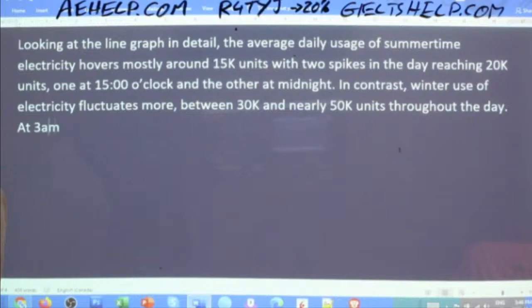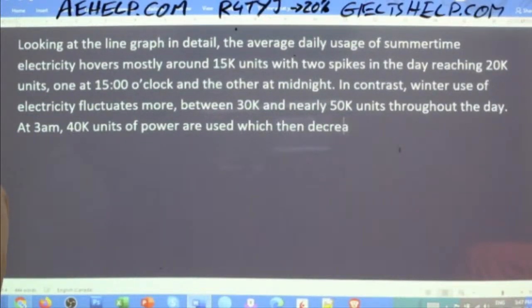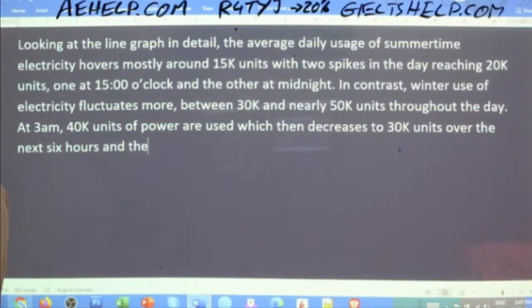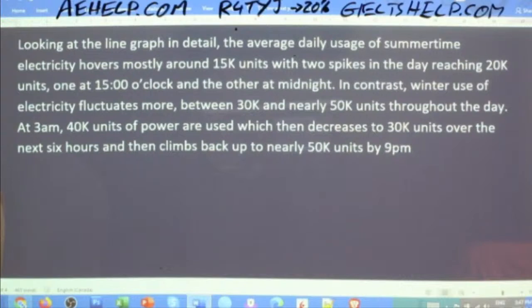So at 3 a.m., 40,000 units of power are used, which then decreases to 30,000 units over the next 6 hours, and then climbs back up to nearly 50,000 units by 9 p.m. Okay, after which time it rapidly decreases until midnight.